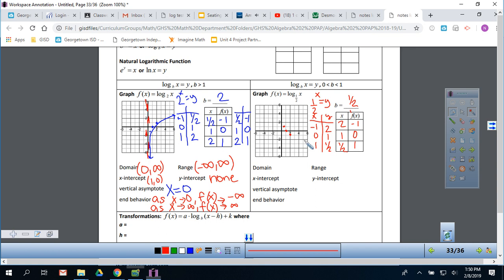Alright, so next. Where's my vertical asymptote at for this one? 0.